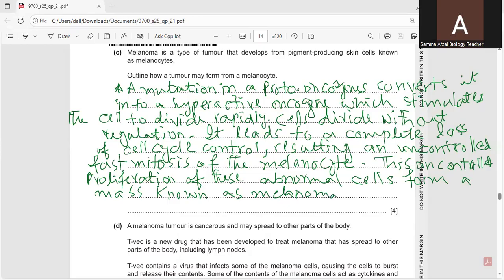So in this way, a tumor may form from a melanocyte when there is uncontrolled cell division.